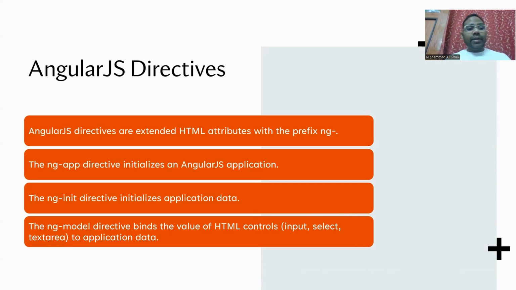The ng-init directive initializes application data, and the ng-model directive binds the values of HTML controls like input, select, textarea, or whatever components you have in a web page. So I hope it is clear what we are doing now.